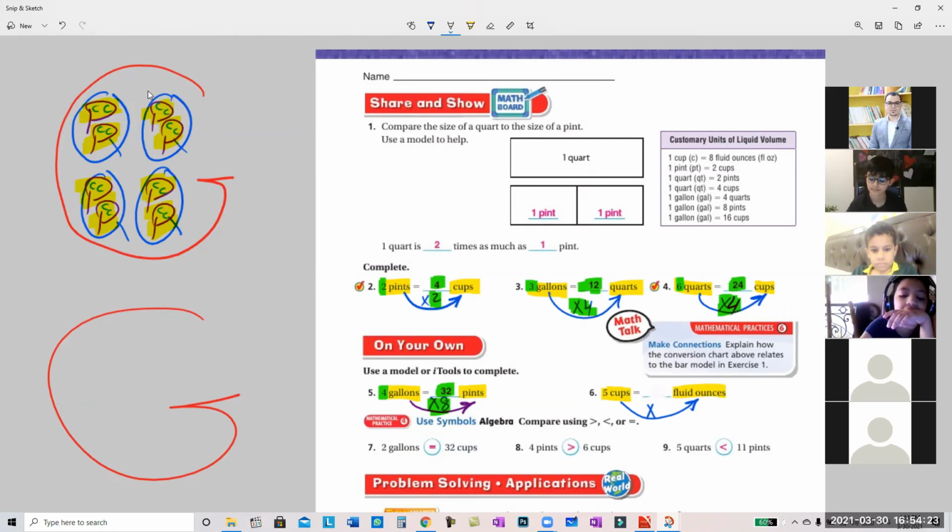Wait. You said what? How many fluid ounces? I keep guessing the answer and I forget it. It's 8. Is it 4? 1 cup equals 8 fluid ounces.